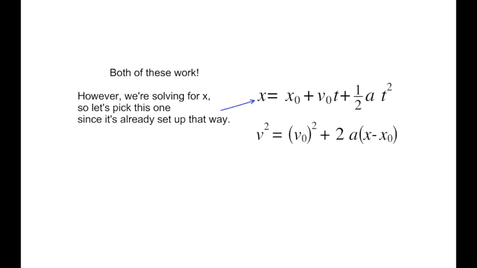Both these equations will work because the first equation, x, x0, v0, t, a, and then t again, we have all that stuff. The second equation has v, v0, a, and x0. But since the top one is already set up for us to solve, we already have the unknown variable on the left-hand side. Why don't we just go with that one?